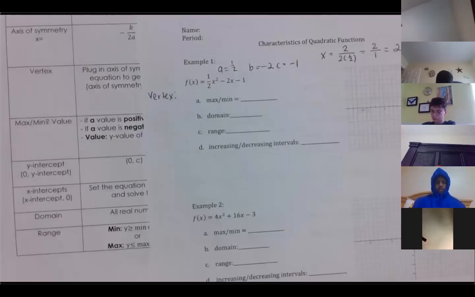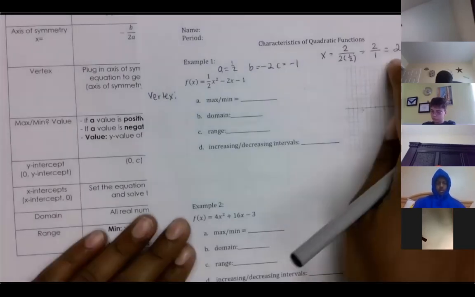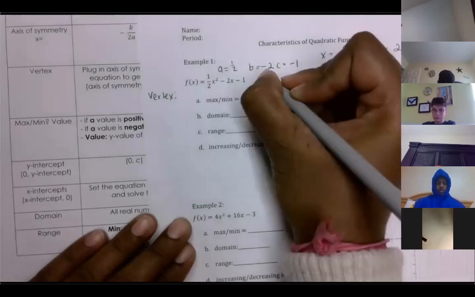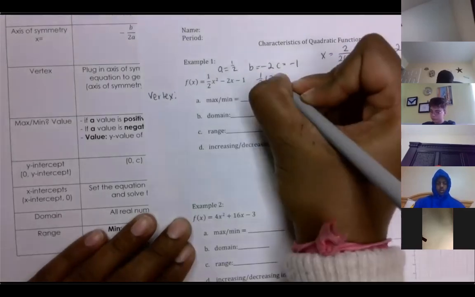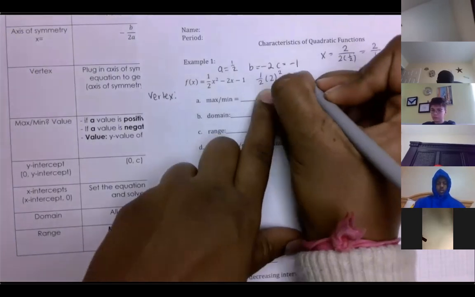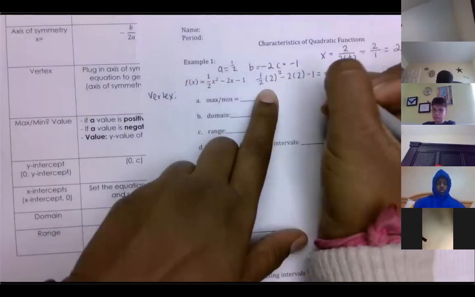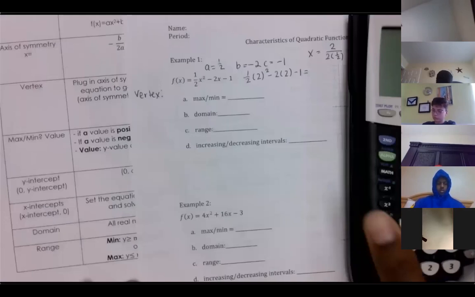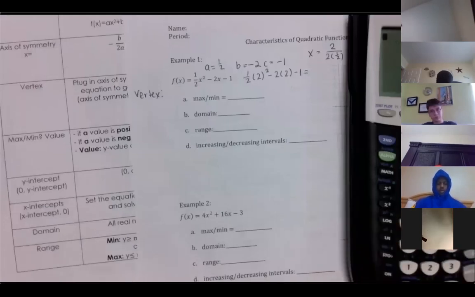And now that we have that, we have to plug it back in for x. So everywhere you see an x, you're going to plug in 2. So it's 1/2 times 2 squared minus 2 times 2 minus 1. So we've got parentheses.